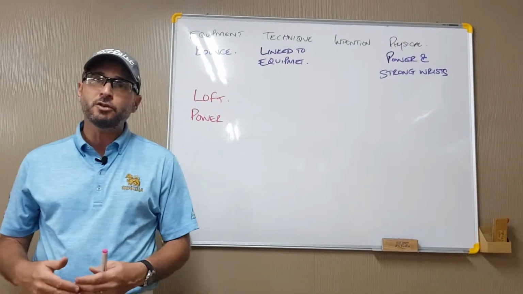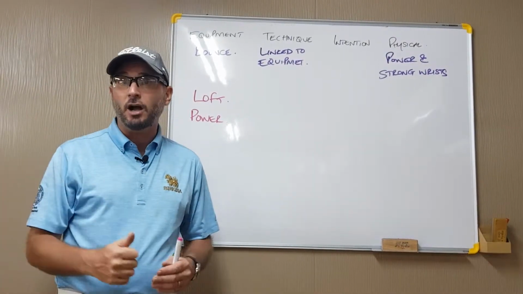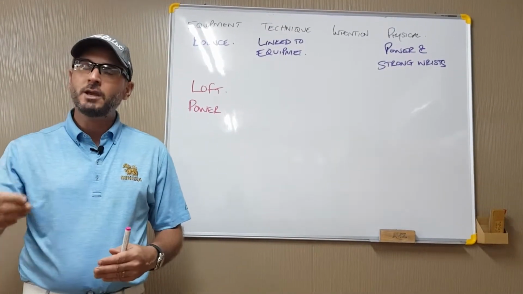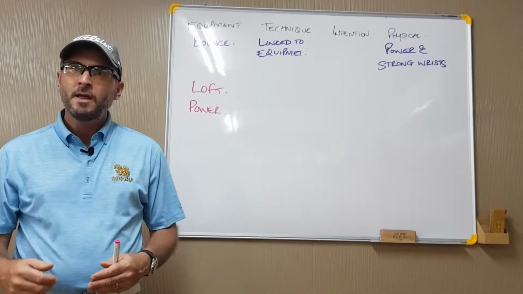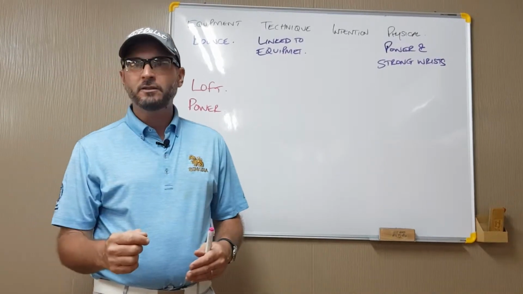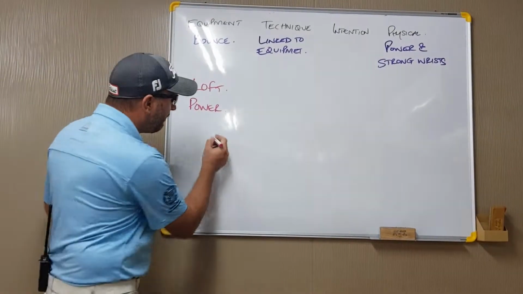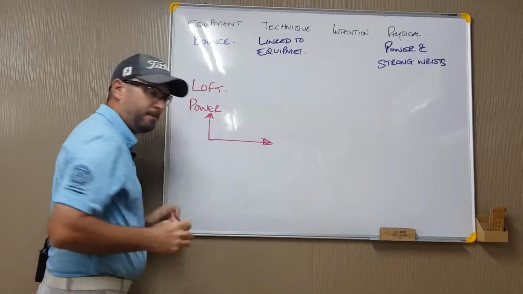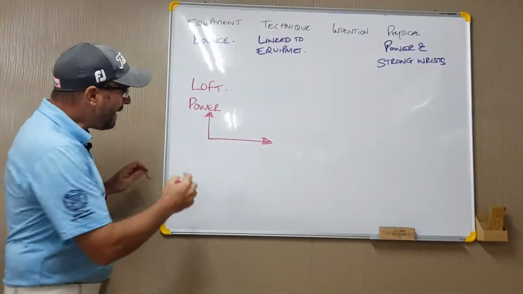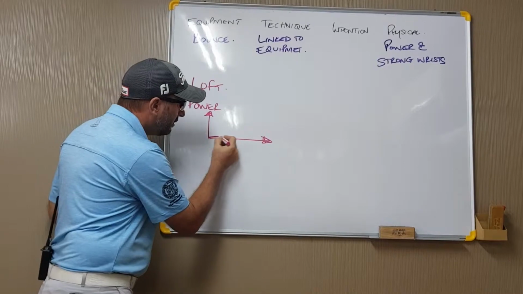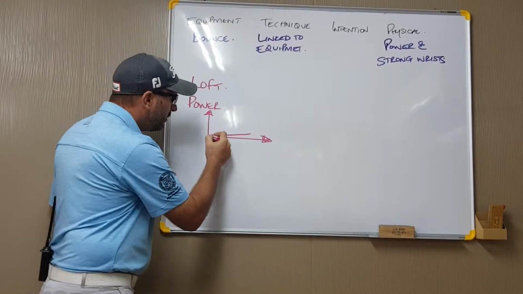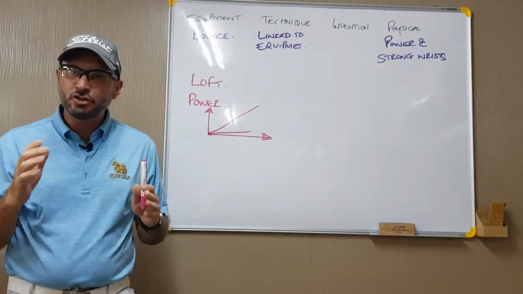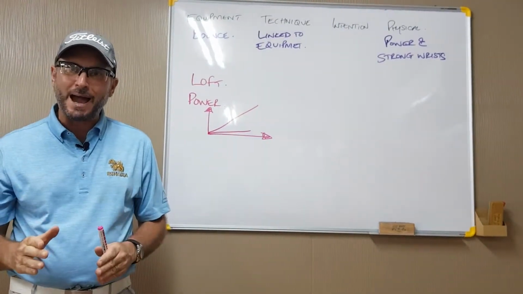But if you've got the option to move it 100 yards down the fairway, then you need less loft. Because as you hit more power into the ball, that energy is transferred both into forward energy and also upward energy. So the same loft will create a different trajectory depending on the amount of power.